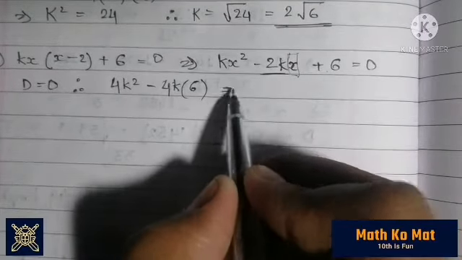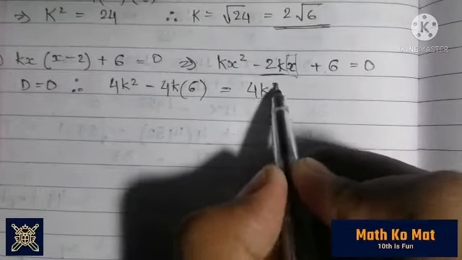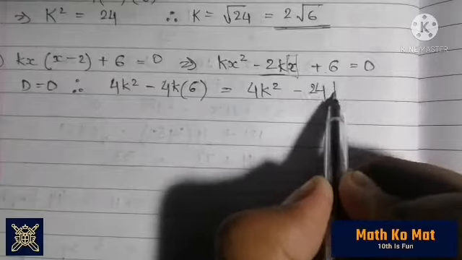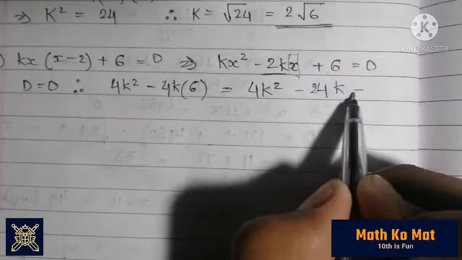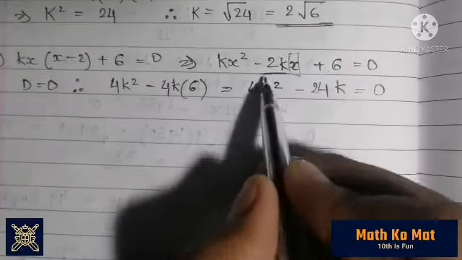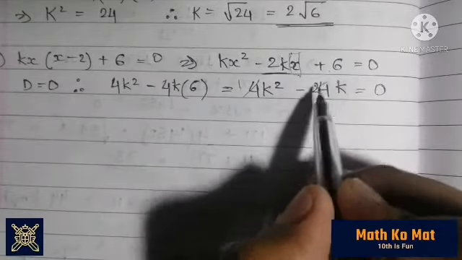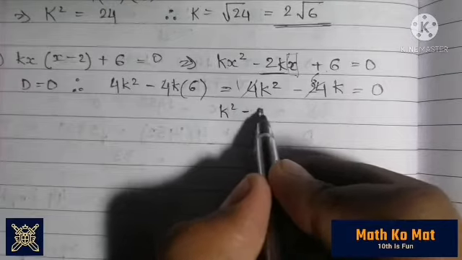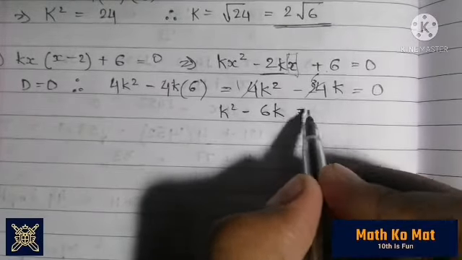So this comes out to be 4k square minus 4 6s are 24, so 24k, and this is equal to 0. We can divide both by 4. So you get that k square minus 6k is equal to 0.